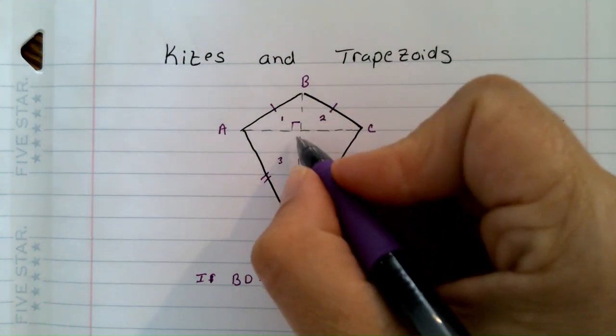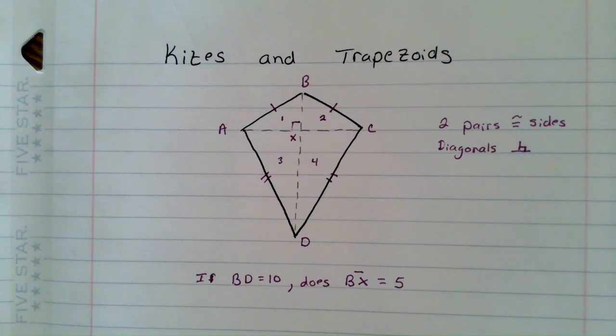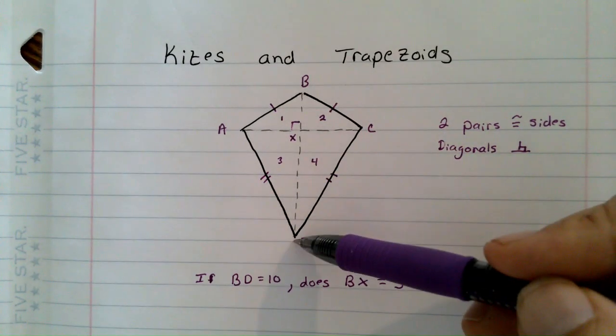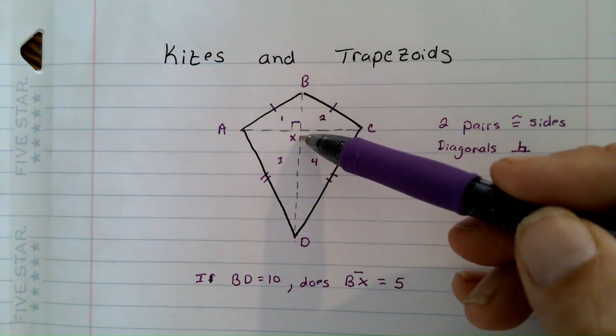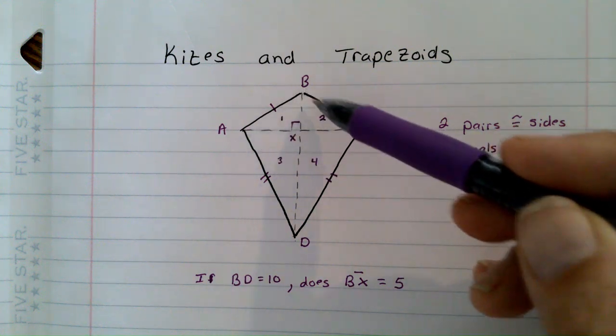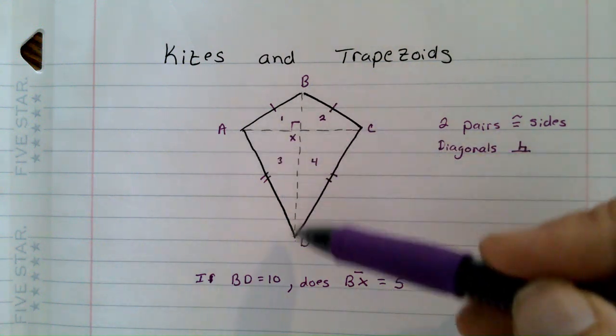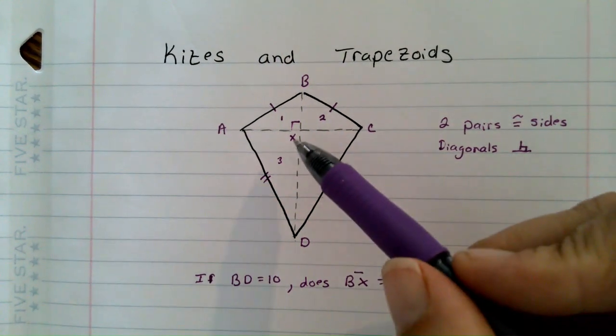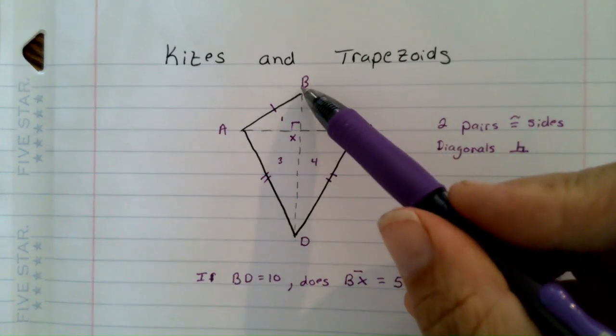I forgot to put my X on there, that would be confusing. So if BD is 10, is BX 5? Well, this is an isosceles trapezoid, and this is an isosceles trapezoid. However, X is not the midpoint from top to bottom.